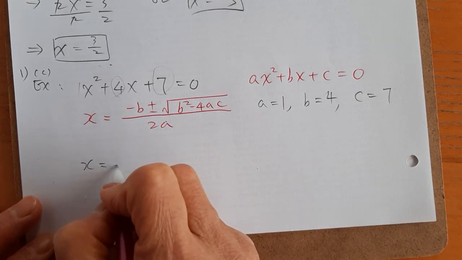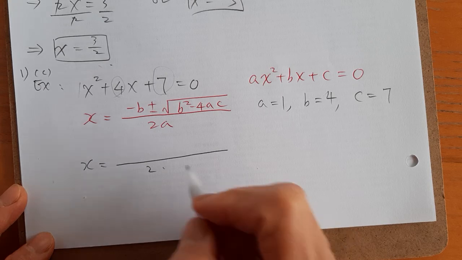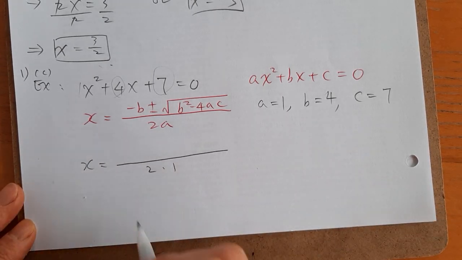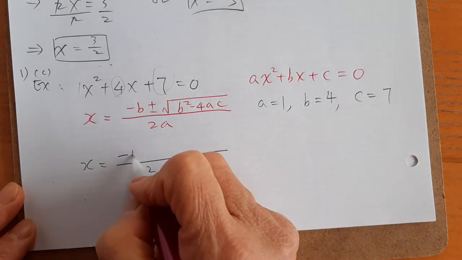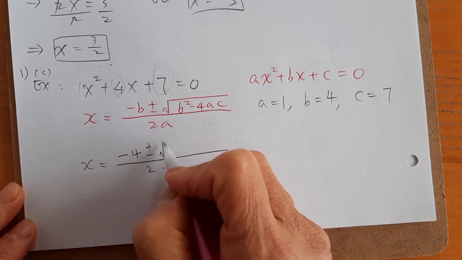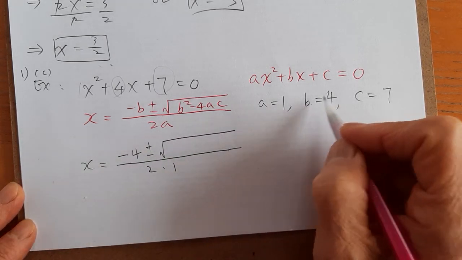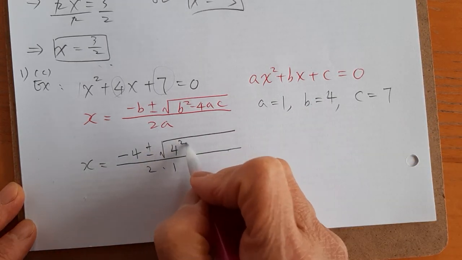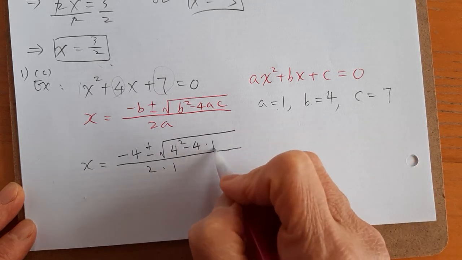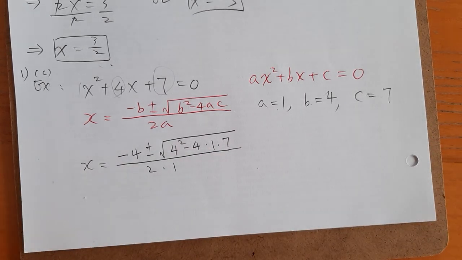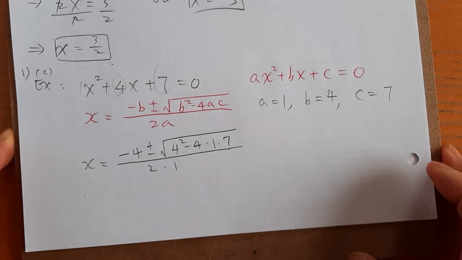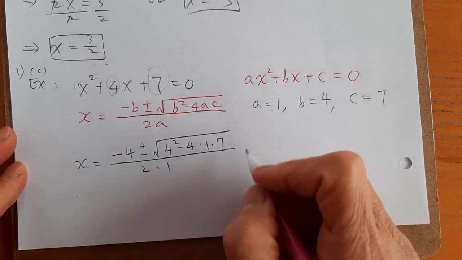So we get x equals, over 2 times 1, since a is 1, negative b, which is negative 4, plus or minus the square root of b squared, 4 squared, minus 4 times a, which is 1, times c, which is 7. Then simplify it.